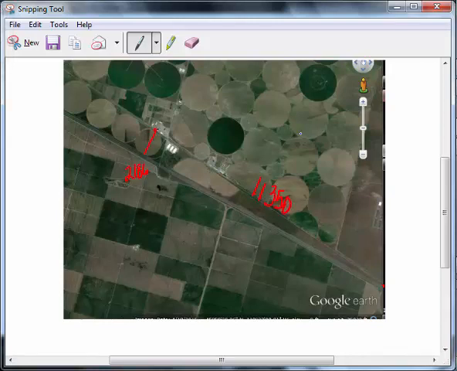They want to know the distance from here to the center of the circle. Oh, I'm sorry, they want to know how long this road is that goes there, because the perpendicular is right here.